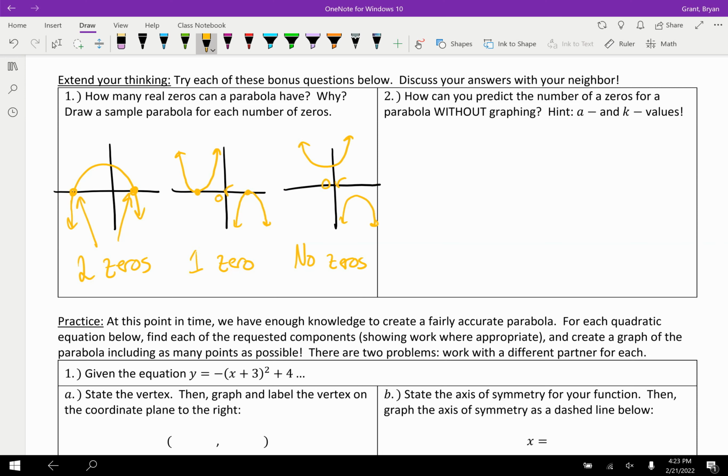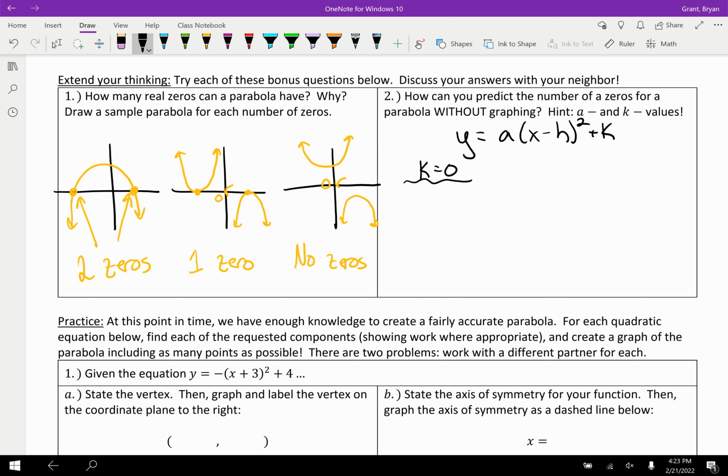Now, remember that your vertex form equation for a parabola looks like this. Do you think you'd be able to use this vertex form to predict how many zeros your graph has? And it's actually a bit of a complicated question. Let's take a look. Well, the first scenario I'd ask you to imagine is when k is 0.